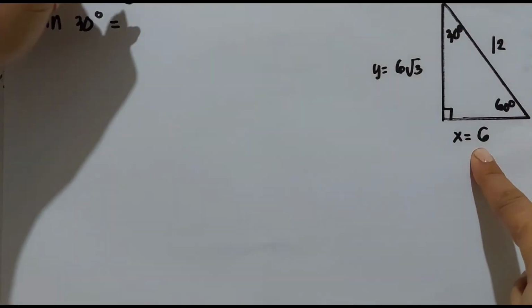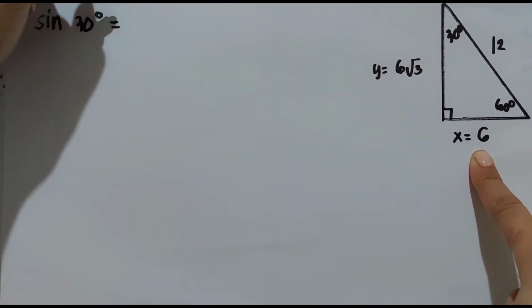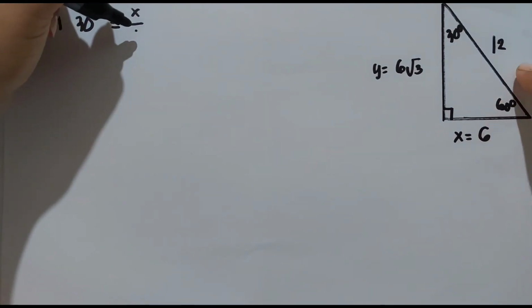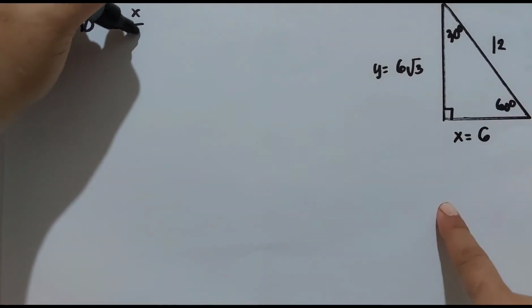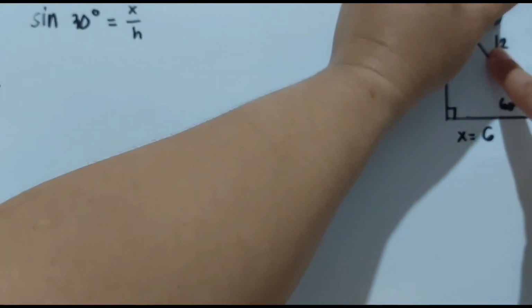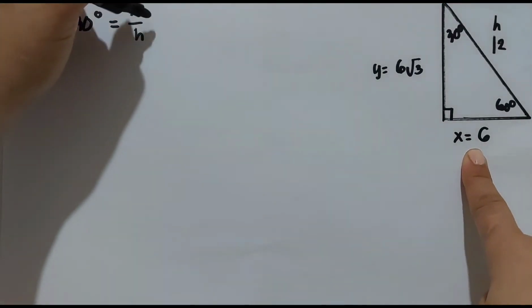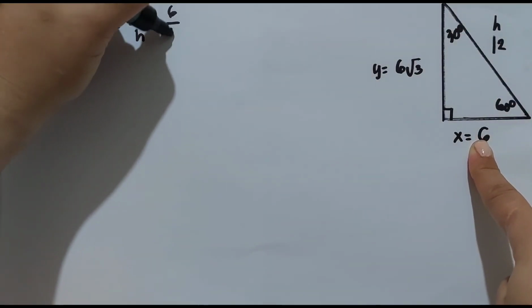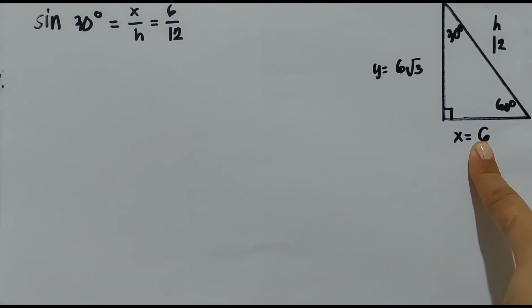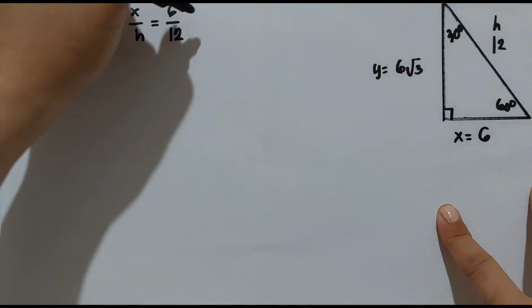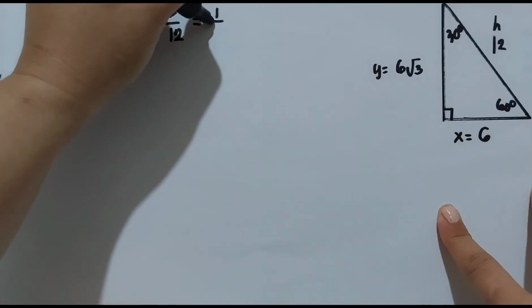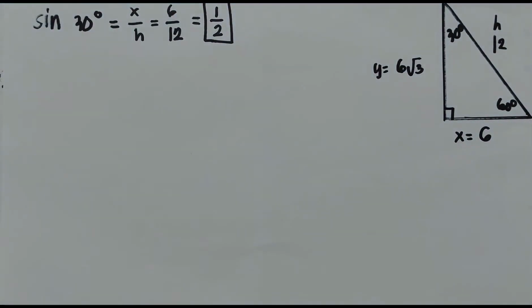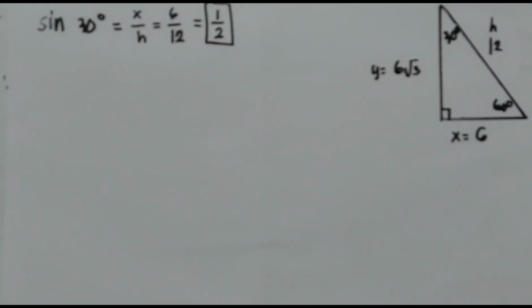So, the opposite of 30 is 6, or I'll write x over, shall we say, hypotenuse, that is h. Your 12 is the hypotenuse. So, that would be your x. This is your opposite. So, you have here 6 over 12. You simplify. 6 over 12, that is equal to 1/2. So, therefore, sine 30 degrees is equal to 1/2.